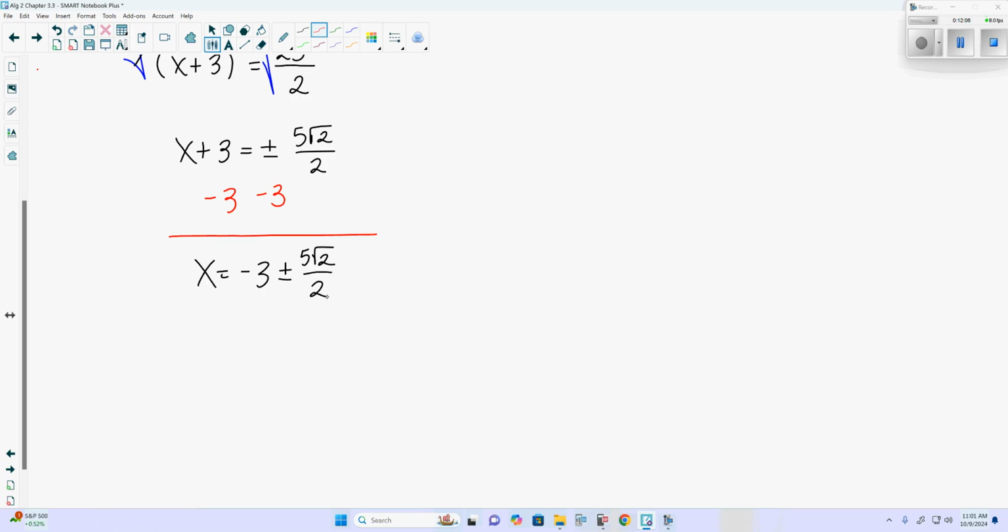So we're saying negative 3 plus 5 square root of 2 over 2, and negative 3 minus 5 square root of 2 over 2. Questions on this here? Any questions on anything we've done so far?